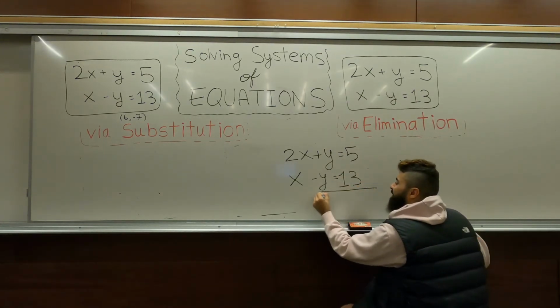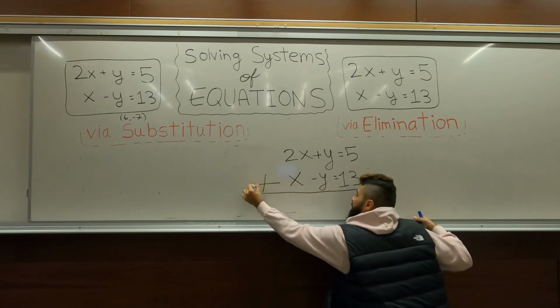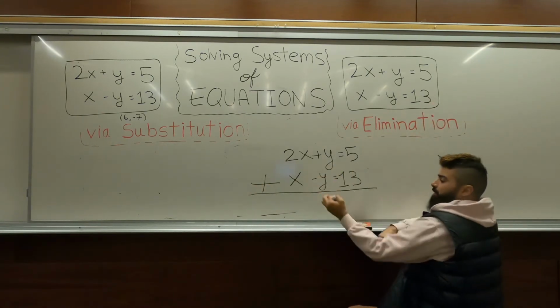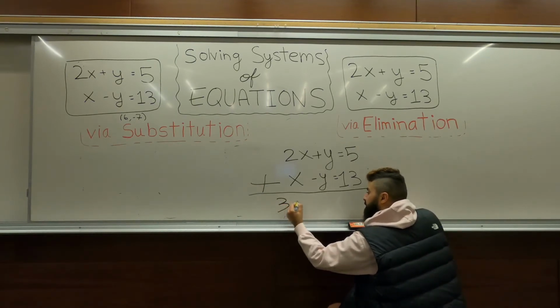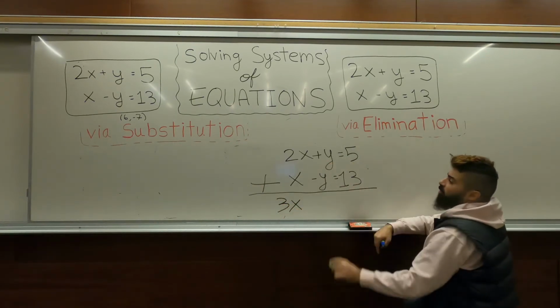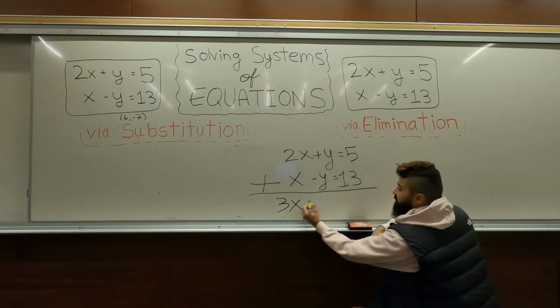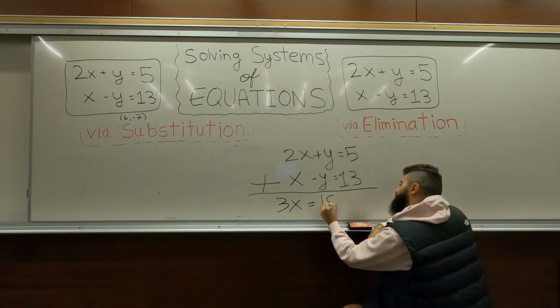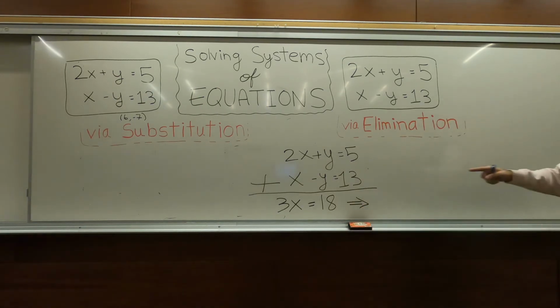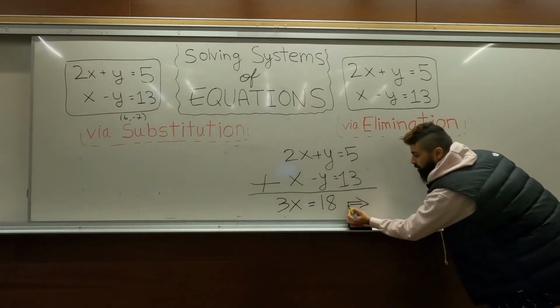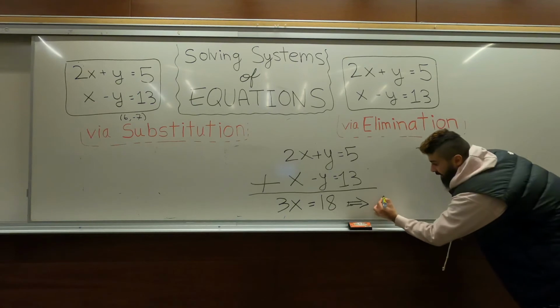And we add these. Okay? So 2x plus x is going to be 3x. The y's go away, they cancel. 5 and 13 becomes 18. So then that means x equals 6.